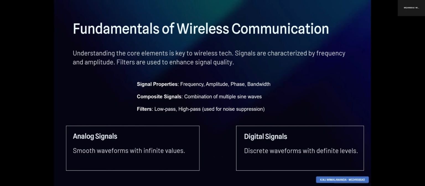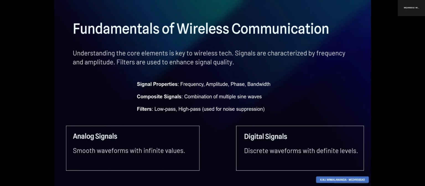A key concept to understand is the difference between analog and digital signals. Analog signals are continuous waveforms that can take infinite values. Think of radio waves.